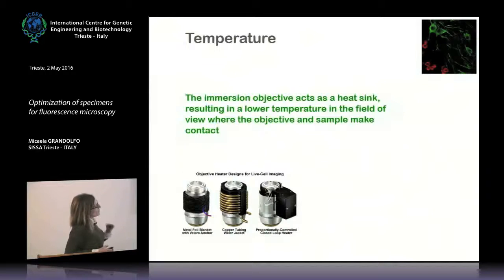Because when you are working with an immersion objective, it functions as a heat sink at the point in which there is contact between the frontal lens of the objective and the field of view of your chamber. So in this case, you suppose to have a controlled temperature, but this is not true, okay? And what you have to do is to use an objective heater to be sure that the temperature you want to use is homogeneous all over your sample.